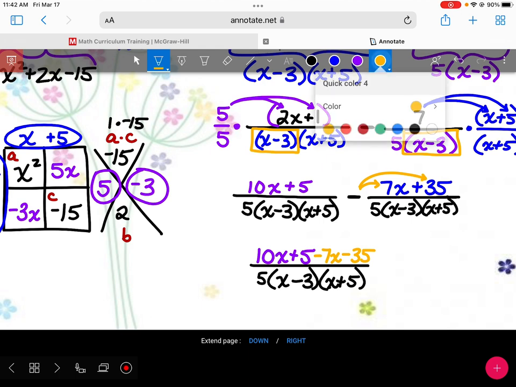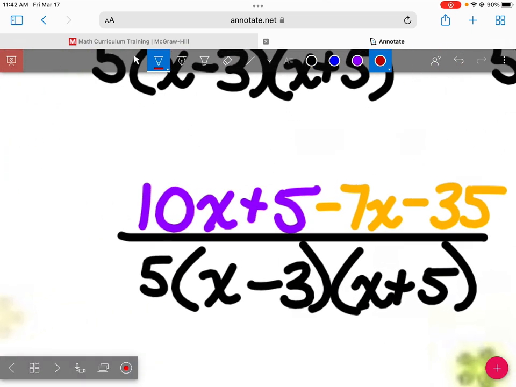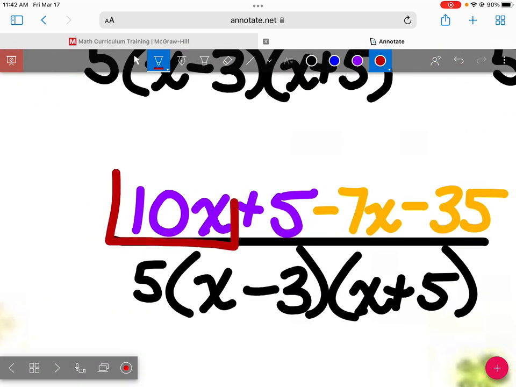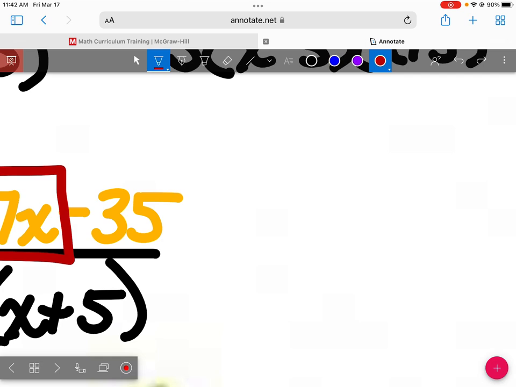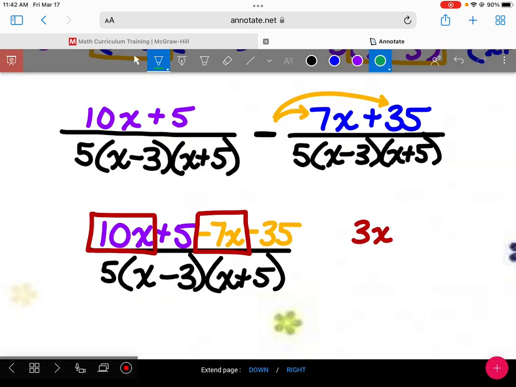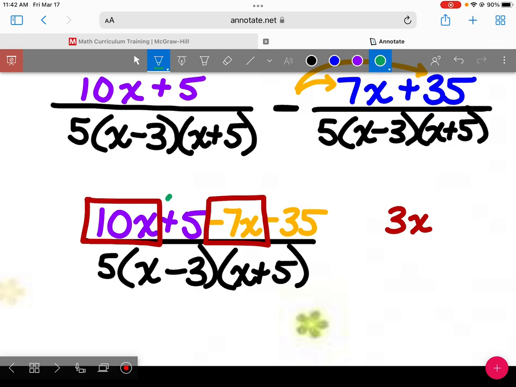Are there any like terms that I can combine together? Which pieces are like terms? 10x and negative 7x. When I combine those, that gives me what? 3x. Any other like terms? Yep. Negative 35 and positive 5.